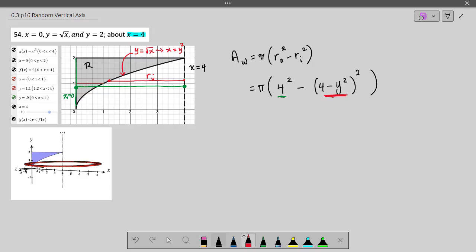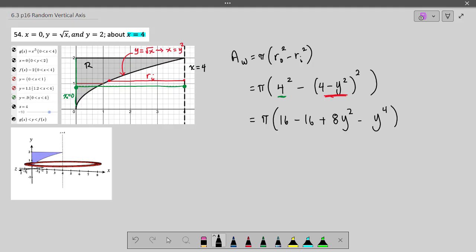And then we're going to simplify this. So we'll get pi multiplied by 16 minus. We're going to square this out and distribute the minus all at once. So 4 squared is 16, distribute the minus. The inner and the outer, you have minus 4y squared. You double it, you get minus 8y squared. Then you multiply by that minus sign, so positive 8y squared. The last is y to the 4th, but then you distribute the minus, so we get minus y to the 4th.